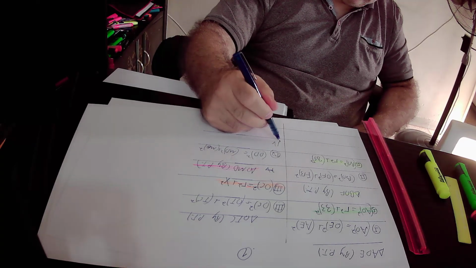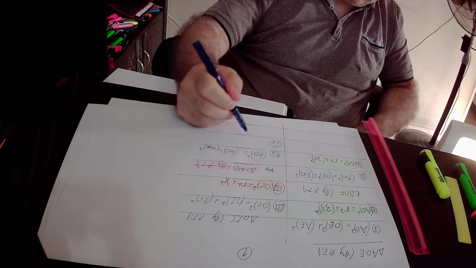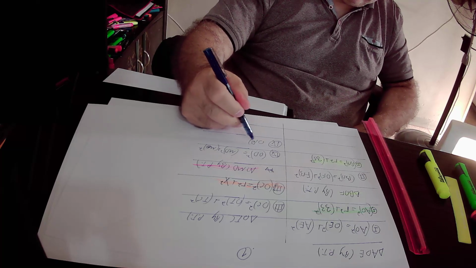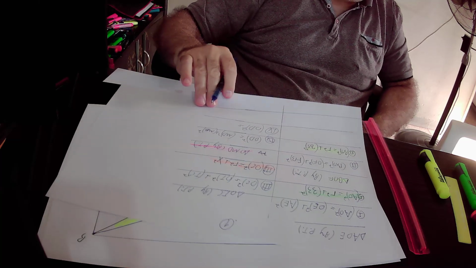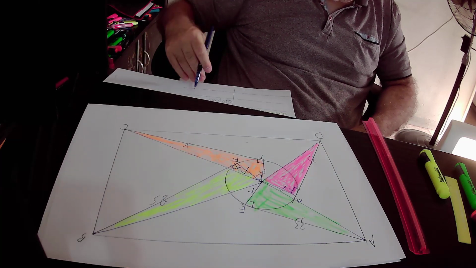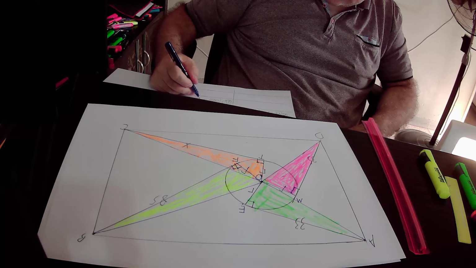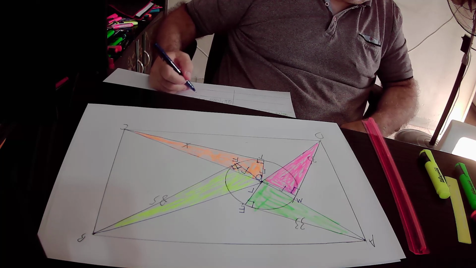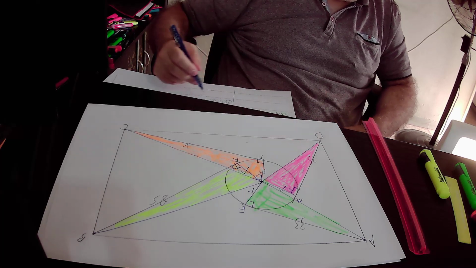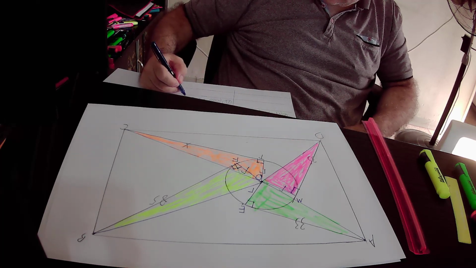So here, OD squared equals MO squared. MO is R, so MO squared is R squared, plus MD squared. MD is 35, therefore MD squared is 35 squared.